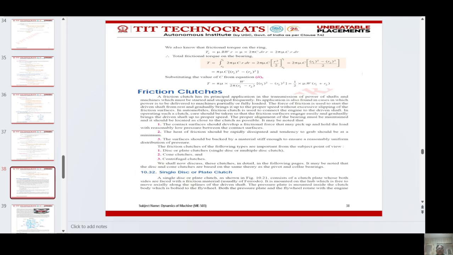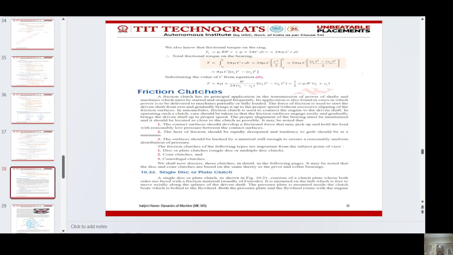Single disc or plate clutch. A single disc or plate clutch consists of a clutch plate whose both sides are faced with the friction material. It is mounted on the hub which is free to move axially along the spline of the driven shaft.